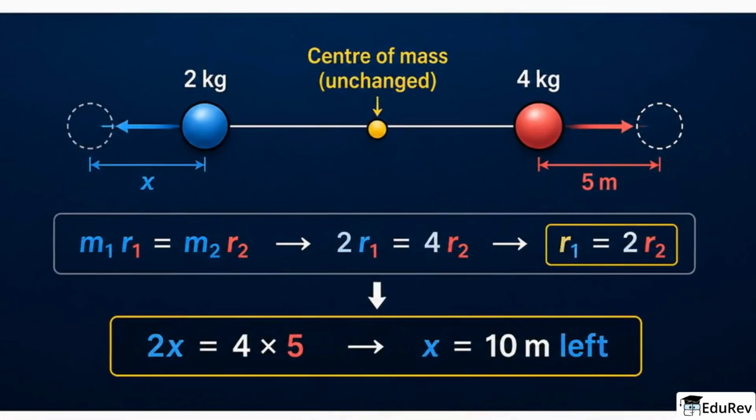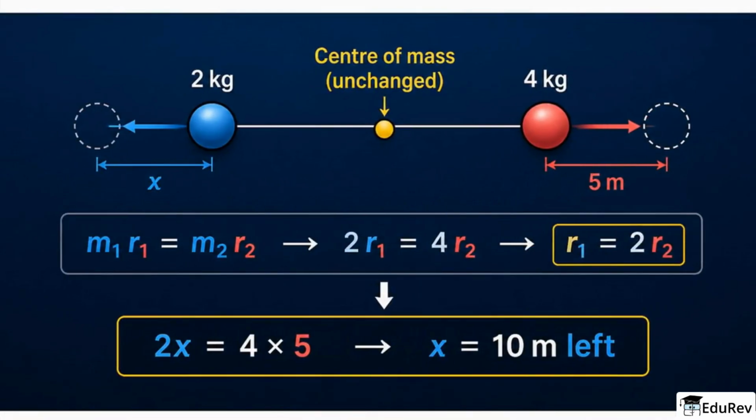After moving the 4 kilogram mass right by 5 meters, assume the 2 kilogram mass moves left by x. Substitute into m1 times new distance equals m2 times new distance and solve, giving 2 times x equals 4 times 5, so x equals 10 meters leftwards.